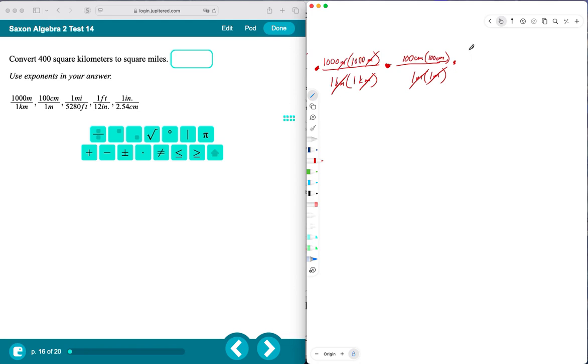So 1 inch times 1 inch, 2.54 centimeters, 2.54 centimeters. Centimeters is canceled. All right, inches to feet. So 1 foot is 12 inches.